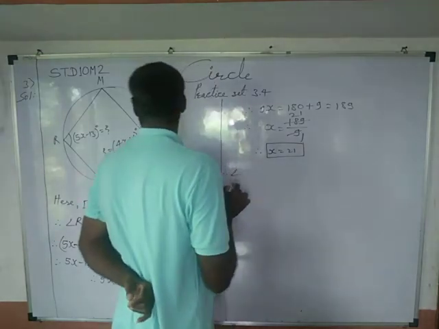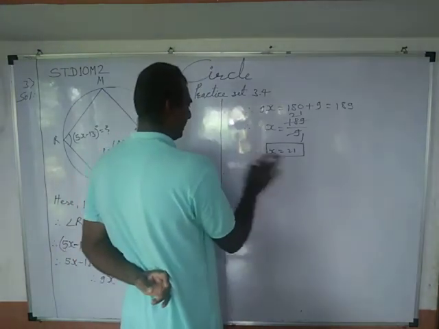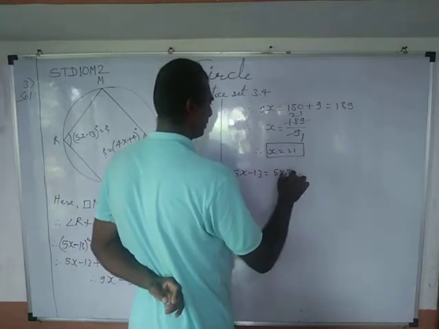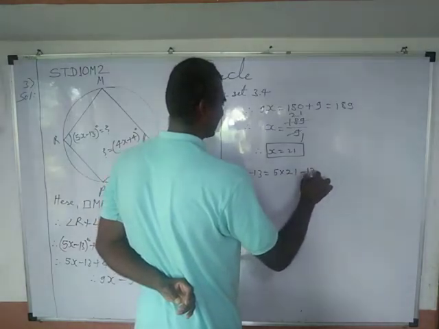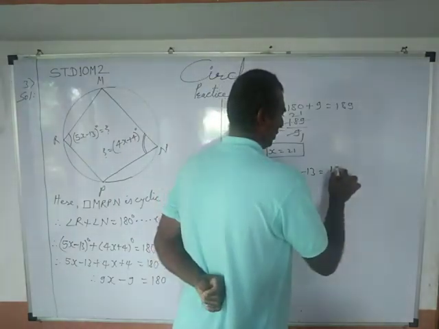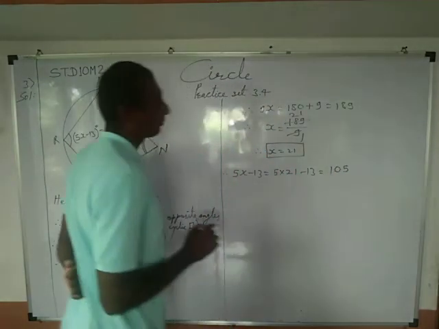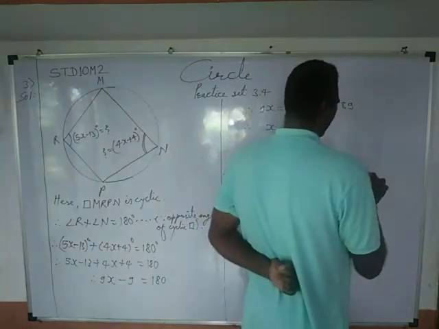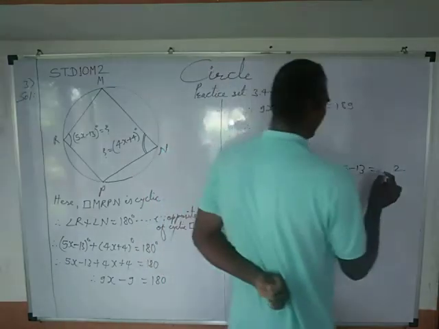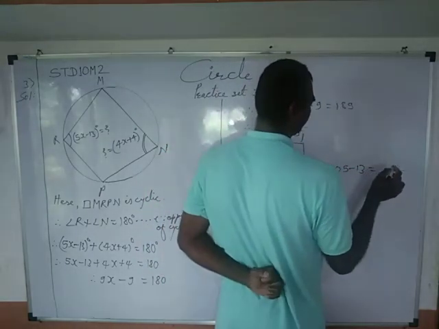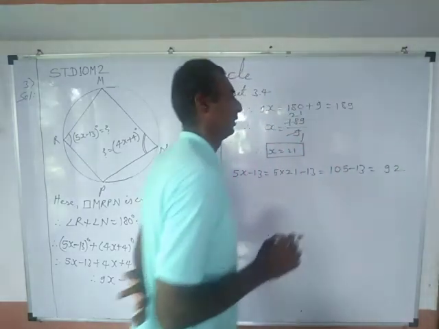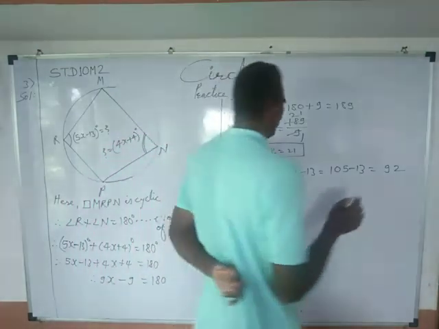And therefore 5x minus 13 equals 5 into 21 minus 13. 21 5s are 105, minus 13 gives us 92.